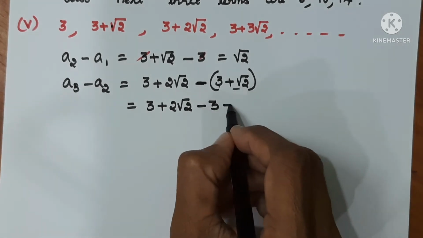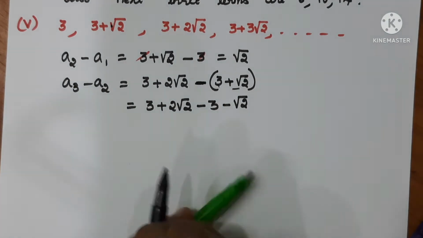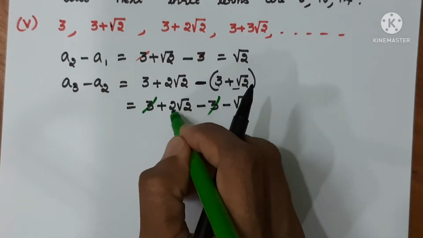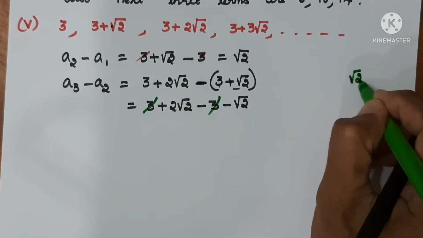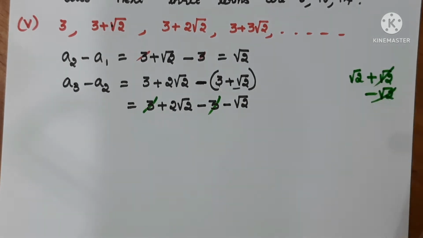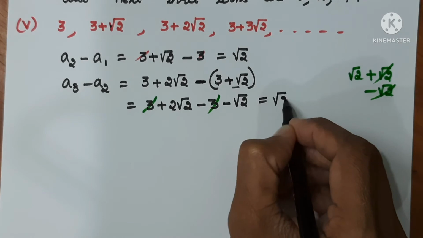Minus into plus is minus, minus root 2. Here also plus 3 minus 3 will get cancelled. Here 2 root 2 means root 2 plus root 2. In this one we have to subtract 1 root 2. 1 root 2 gets cancelled. The remaining number will be root 2.